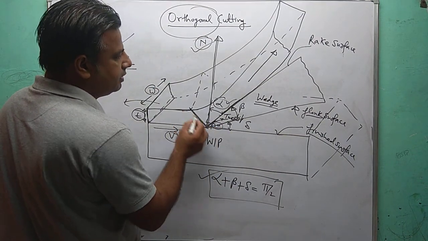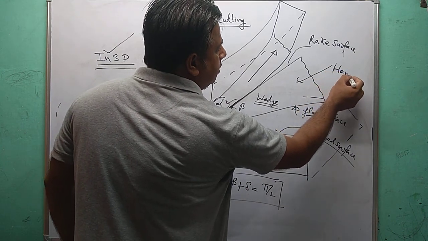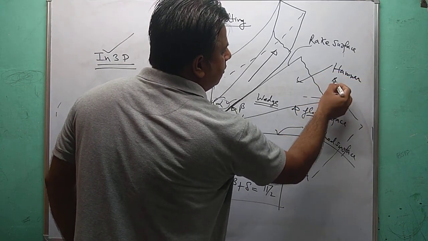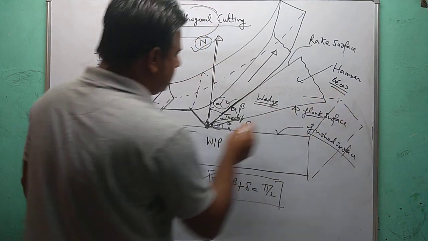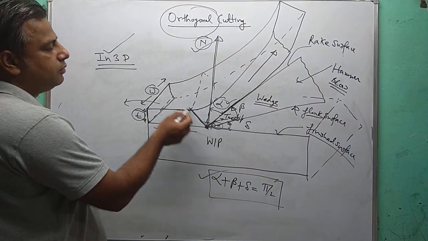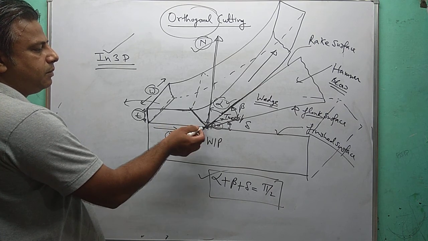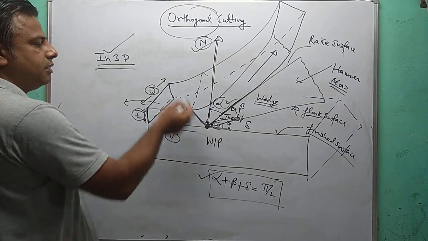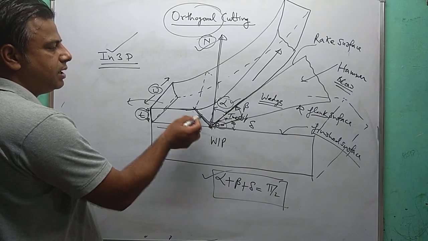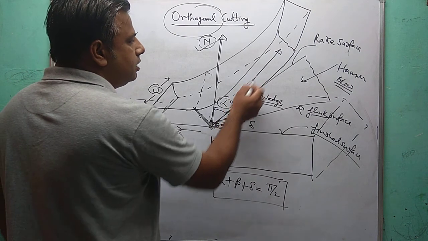Due to the hammer blow action just ahead of the tool tip, the rupture of the chip takes place along the shear plane. Beyond this section is your chip.